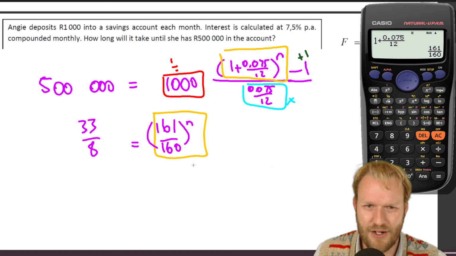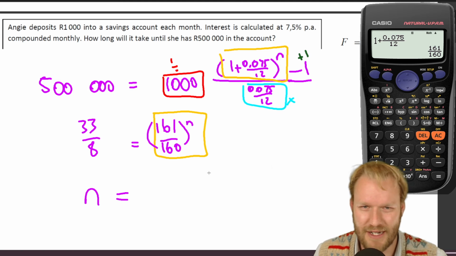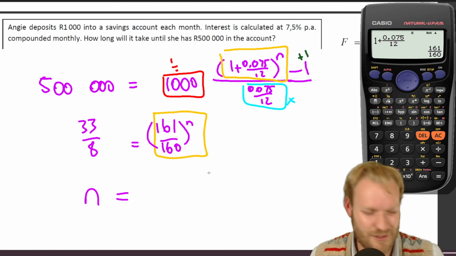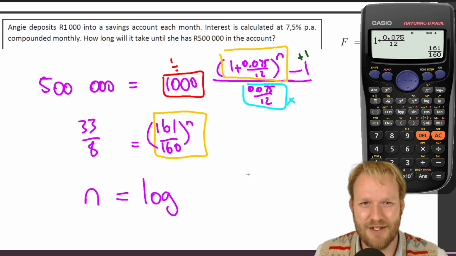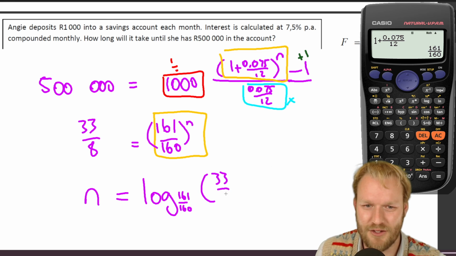Okay, now we want n to be the subject of the formula, and it's in the exponent. So what can we use? Well, we can use logs. Yay for logs. And remember, one of the purposes of logs is to get the exponent to be the subject. The base stays the same, log base 161 over 160 of 33 over 8.